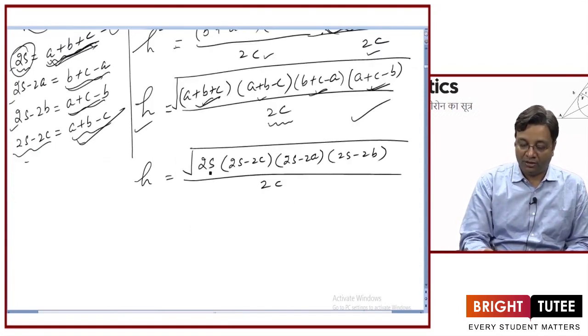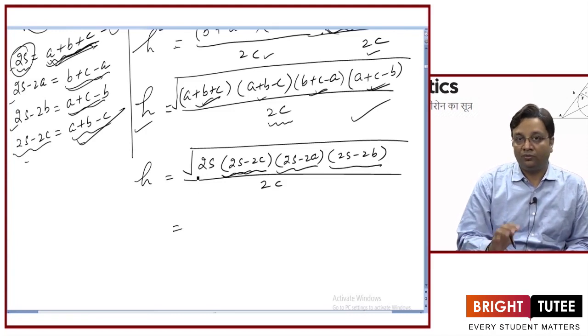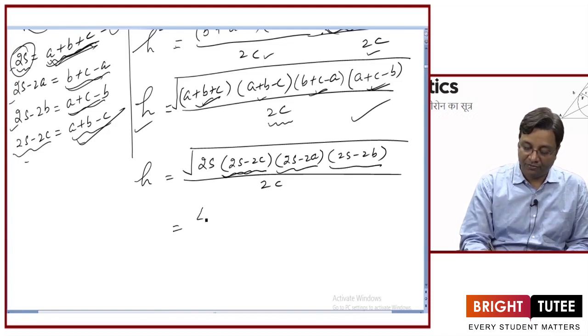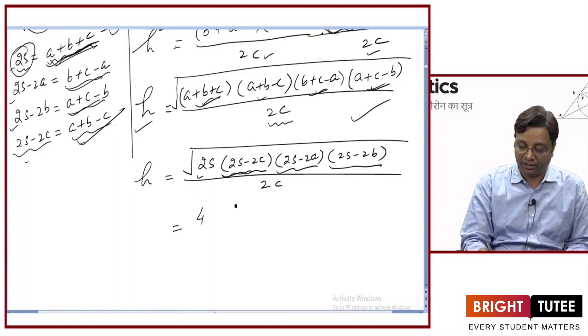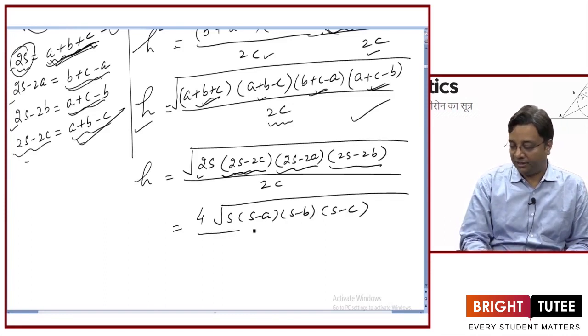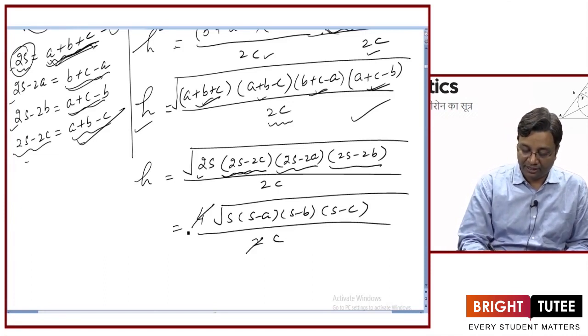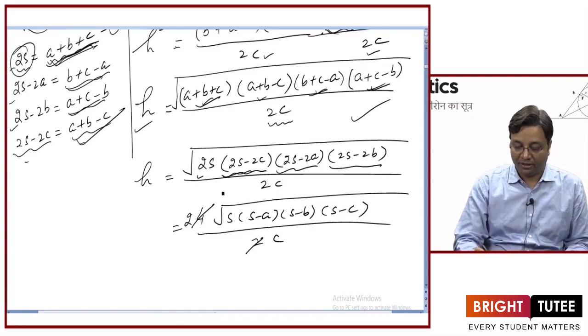If I take 2 common from these brackets, I will have 2 four times, and 2 into 2 into 2 into 2 is 16. When taken outside the square root, it will be 4 here. And inside, I will have S, S minus a, S minus b, S minus c, divided by 2c. Now, I have got a neat value for h.